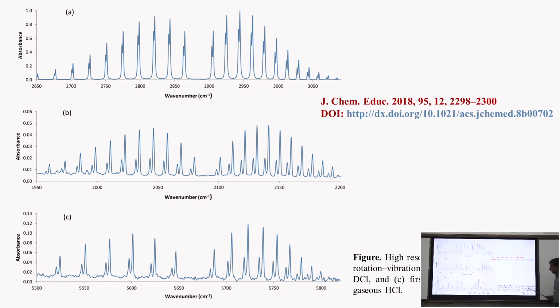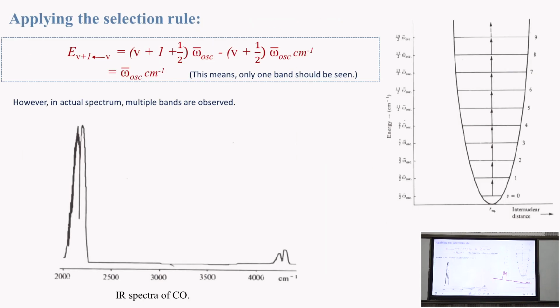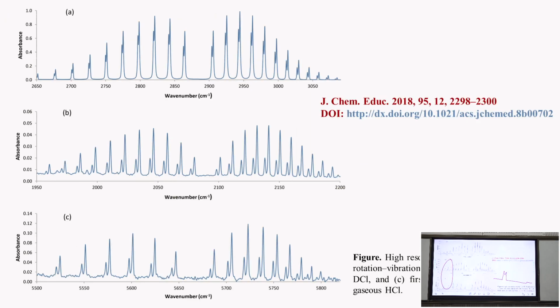So this one, you have seen the last time, in the last slide, I showed you one band like this and like this. So this band was looking quite low resolution. If you do the experiment with high resolution spectroscopy, then you see this kind of thing.